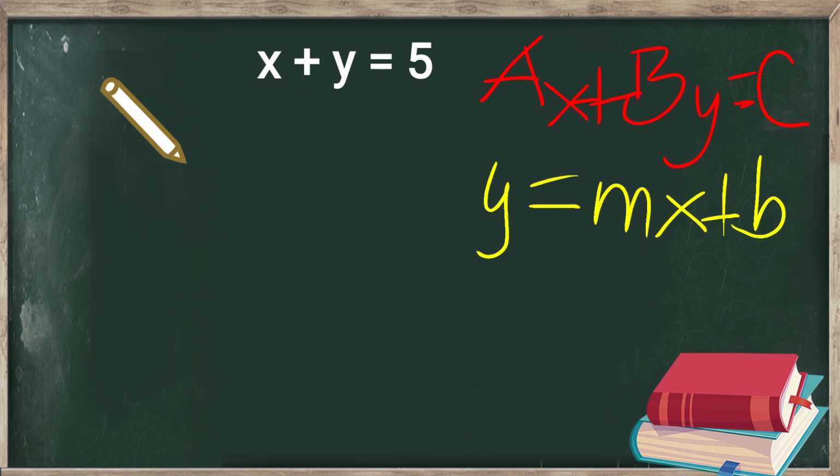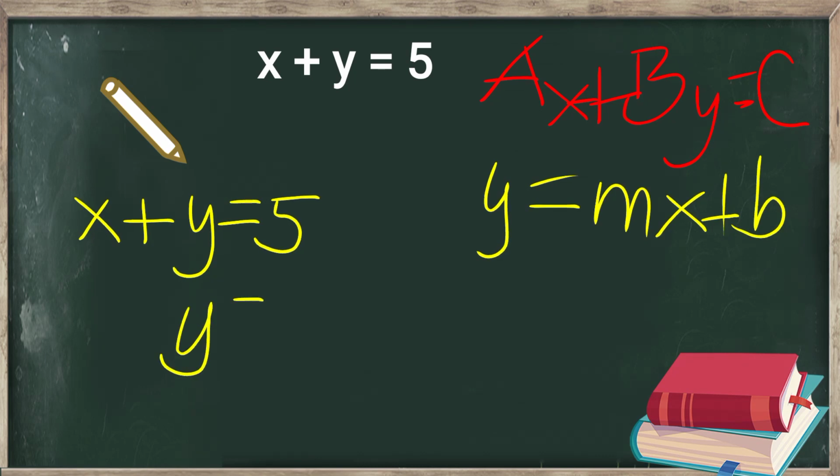So, your variable y will remain on the left side. So, we need to put y here. So, I'll copy x plus y equals 5. I'll put y here on the left side. It will stay.